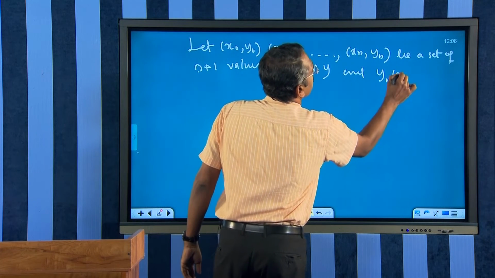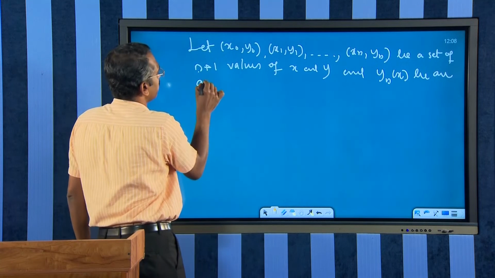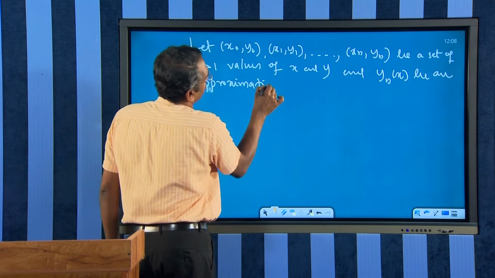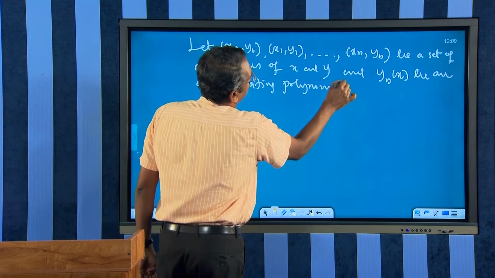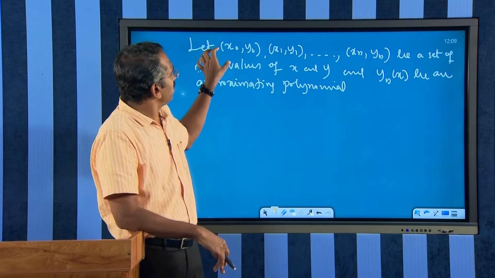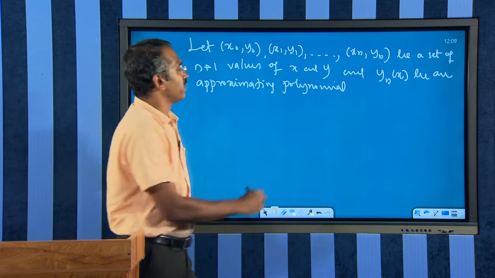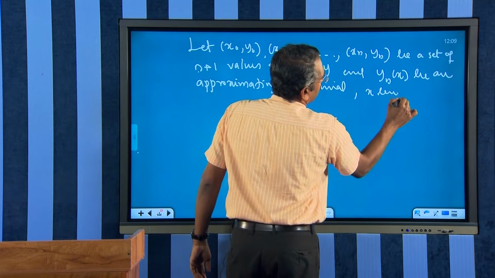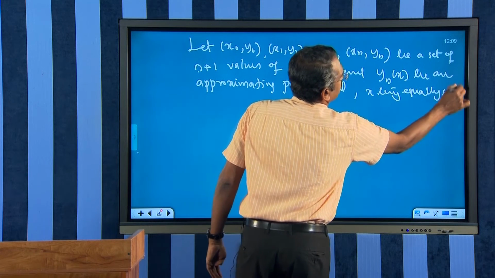and yn of x be an approximating polynomial satisfying y equals f of x for the given data, and x being equally spaced values.